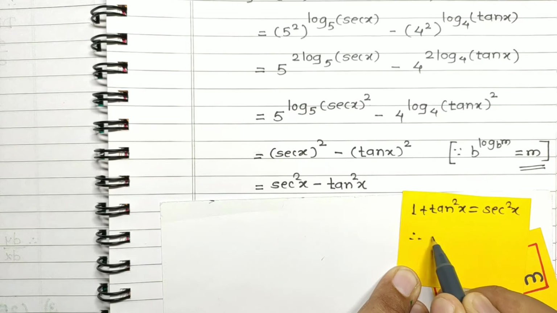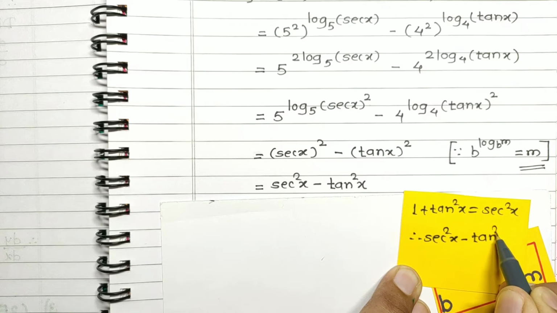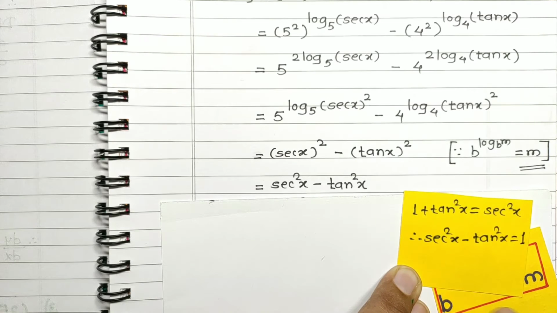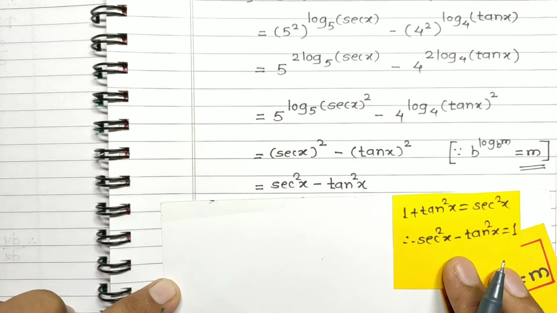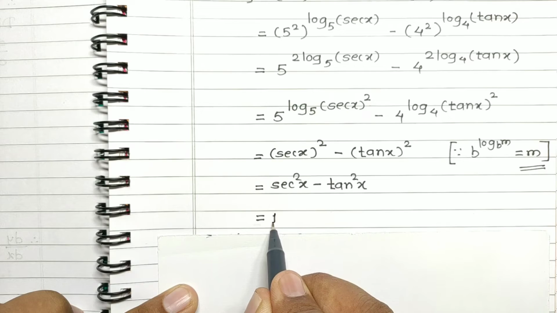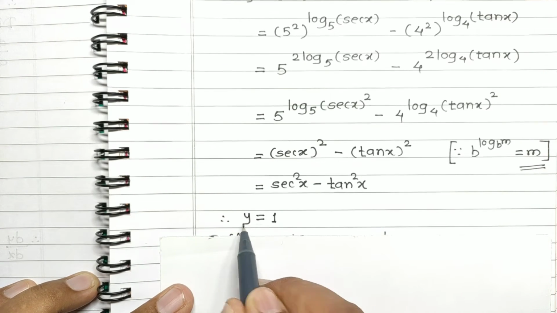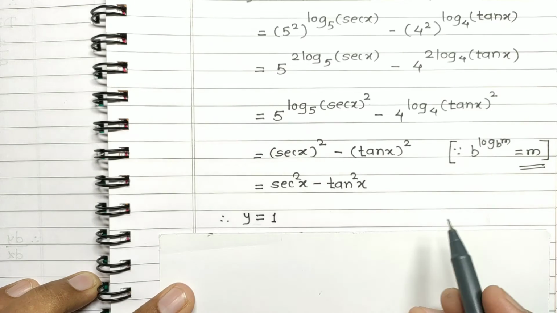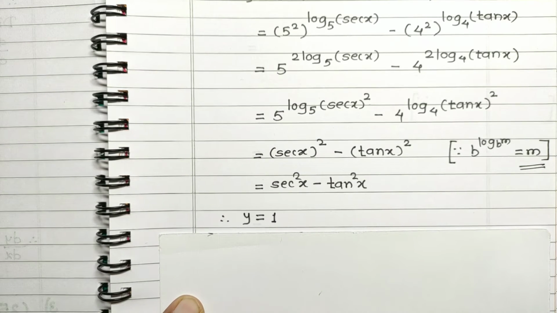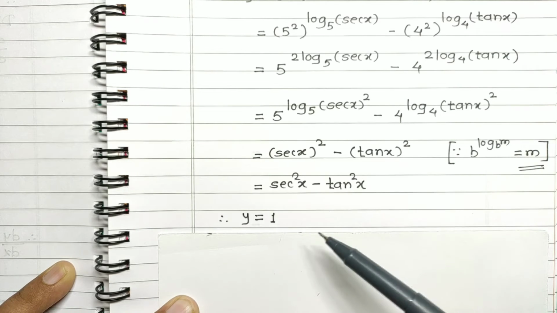So sec square of x minus tan square of x is 1. Using this identity we can write this as 1 and therefore y is equal to 1. See, using laws of logarithms we have simplified the given function in this way.